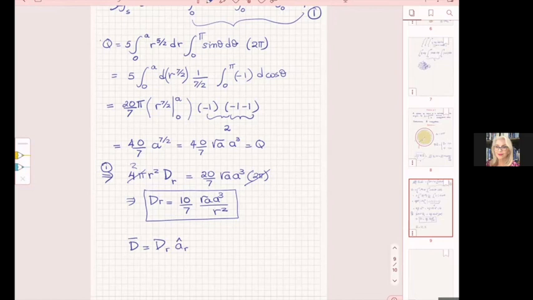So practically, outside of the sphere, it changes as 1 over R squared. Okay, so that's how it goes outside of the sphere. And then the rest is a constant, 10 over 7 squared of A cubed.